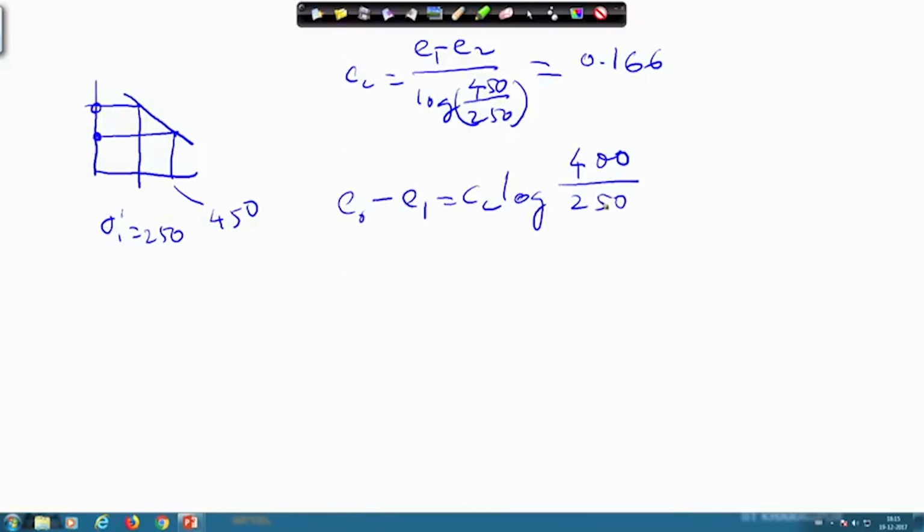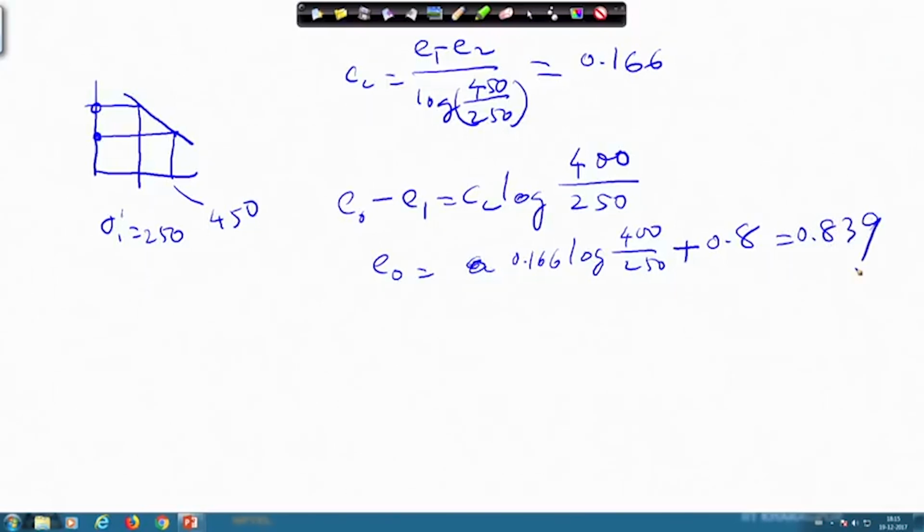Okay. So, from there you can see e naught equals Cc, whose value is known, so I can put 0.166 log 400 by 250 plus E 1, which is 0.8. So, this gives you e naught equal to 0.8339. Okay. So, this is the first part, compression index and initial void ratio.